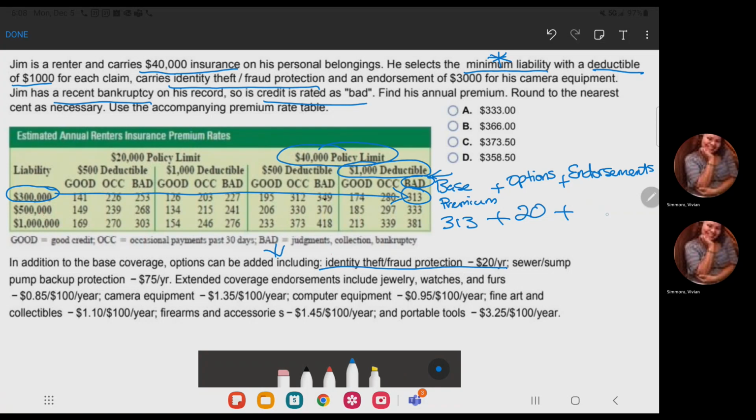Now endorsements. The endorsement is 3,000 for camera equipment. So I'm going to make a little note right here. When you do an endorsement, you have to take the amount for the endorsement divided by 100 times the rate for the specific endorsement. So this endorsement was $3,000.